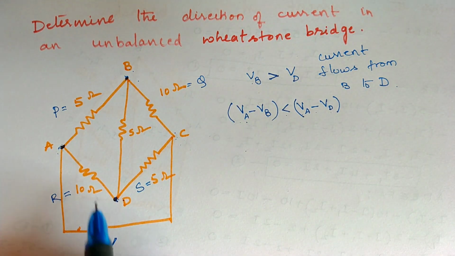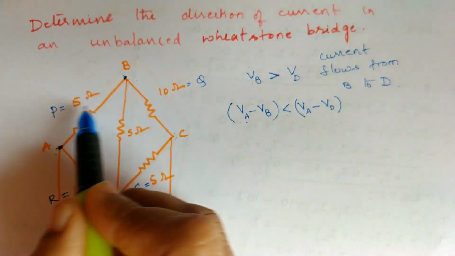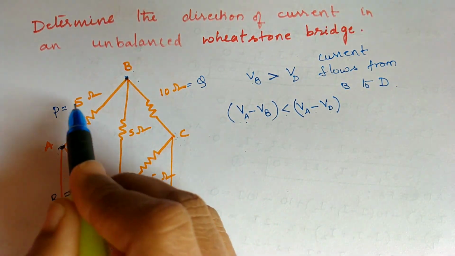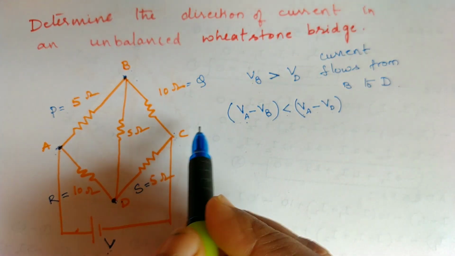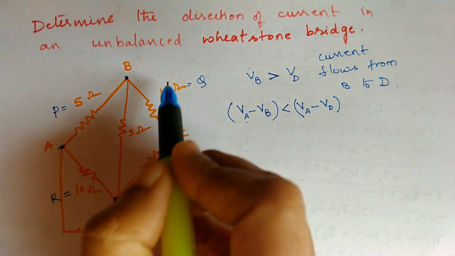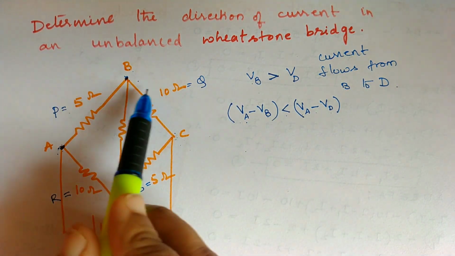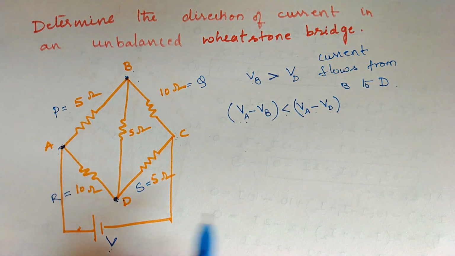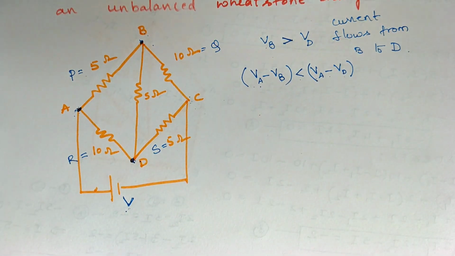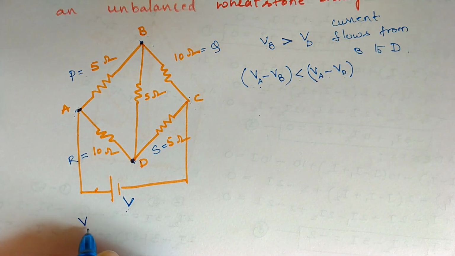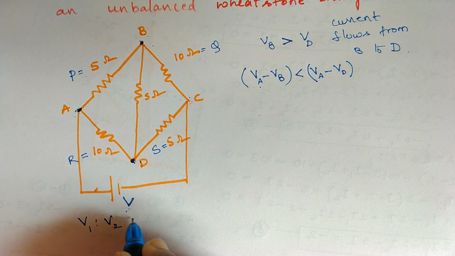Now I have to divide this voltage between these 2 resistors. Remember when 2 resistors are in series combination, V is divided as V1 and V2. What should be the ratio of V1 to V2? If 2 resistors in series are in the ratio R1 to R2, then V1 to V2 is equal to the ratio of the resistance.